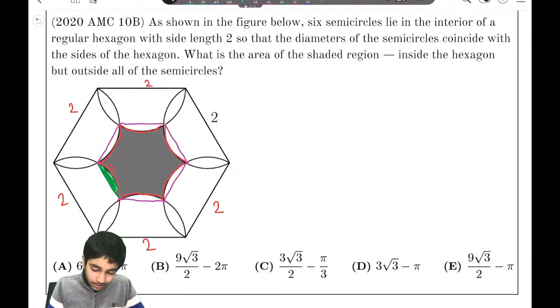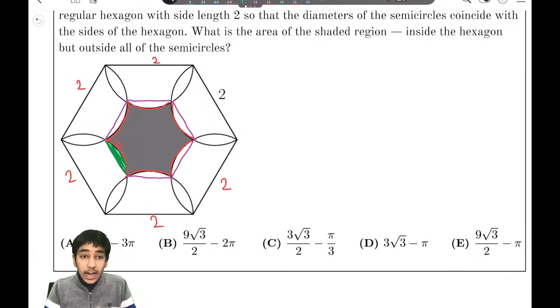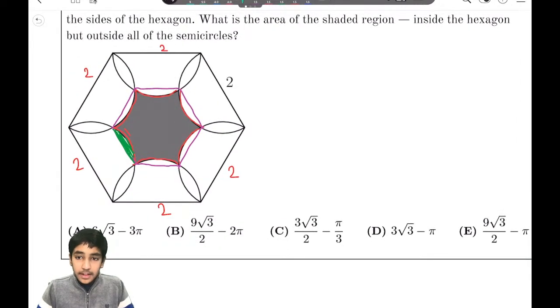So how can we do that? Well, firstly, how do we find the side length of the hexagon? So how can we find these areas of these weird segments?